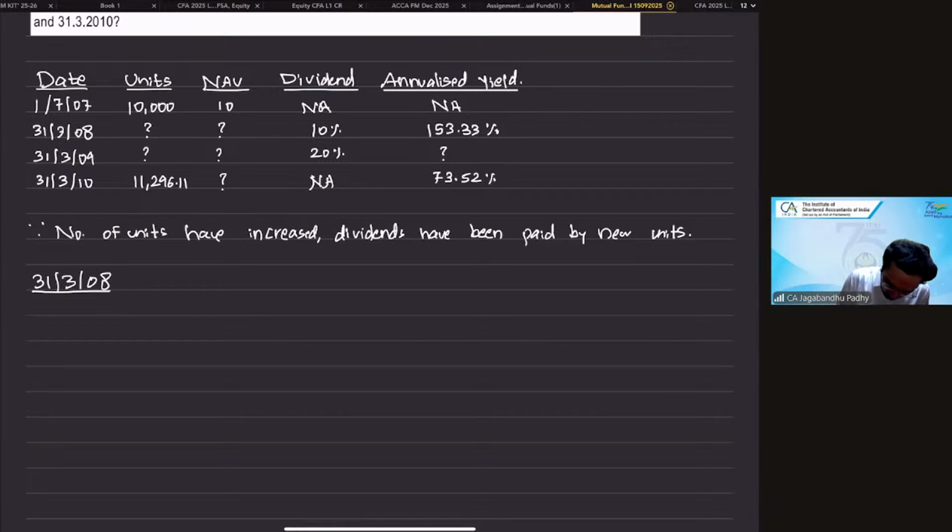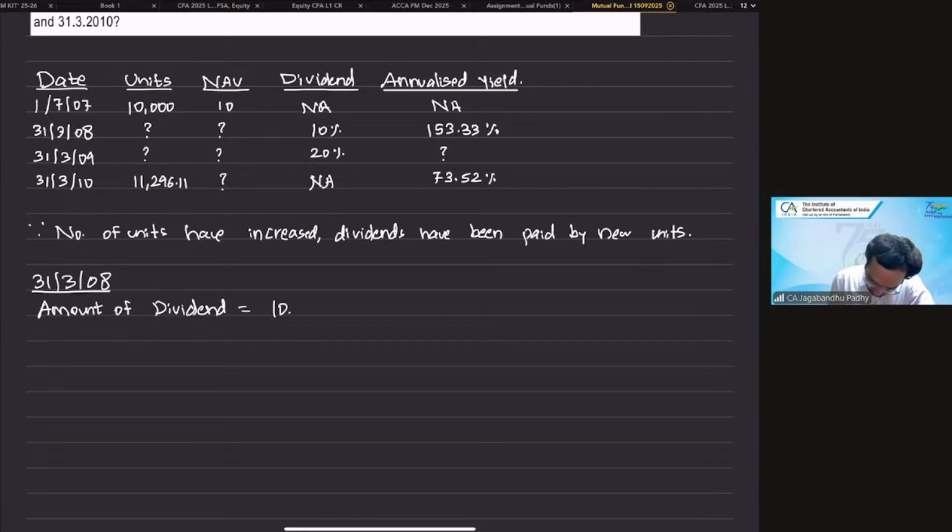But can we calculate the amount of dividend? What will be the amount of dividend, guys? As on 31st March 2008, what will be the amount of dividend that we can calculate?